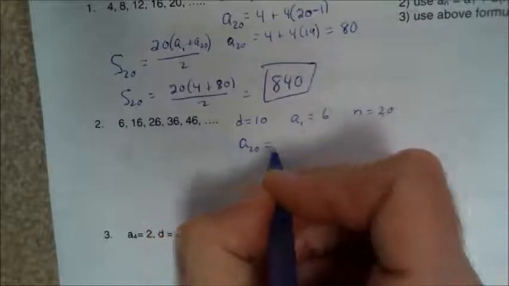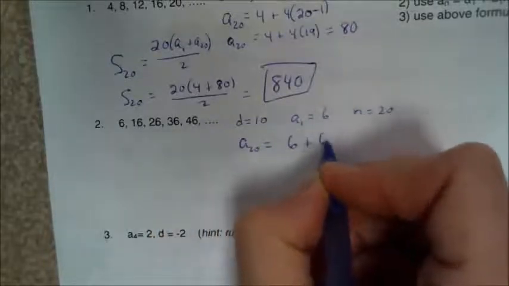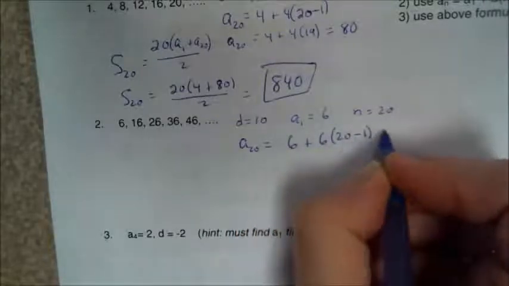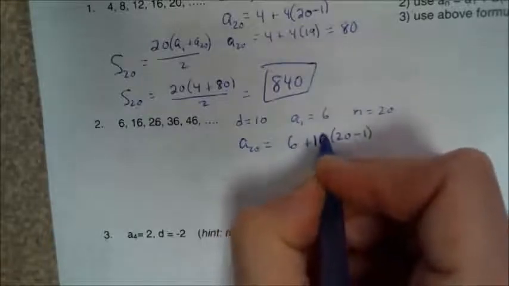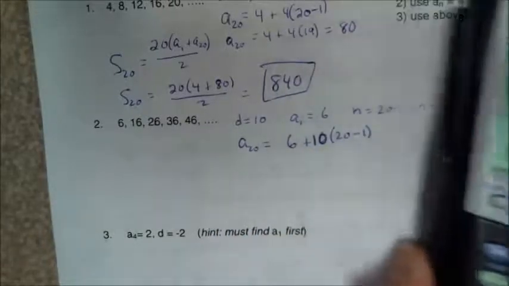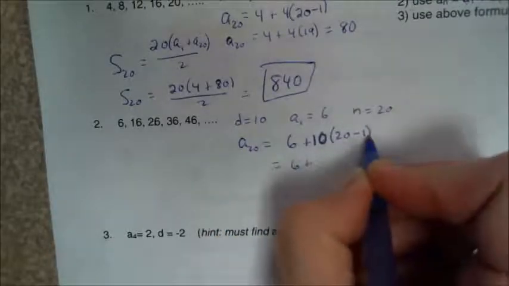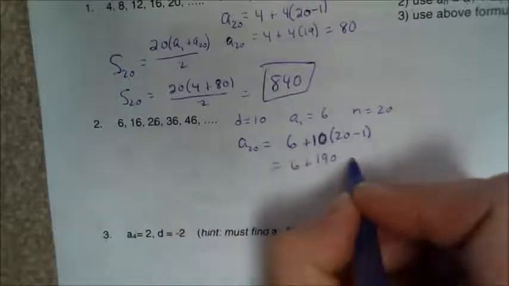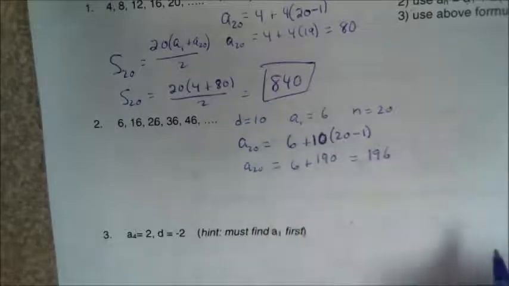The 20th term is equal to the first term plus d times n minus 1. Oops, d is 10, sorry. So 6 plus 10 times 19. 19 times 10 is 190. So the 20th term is equal to 196.